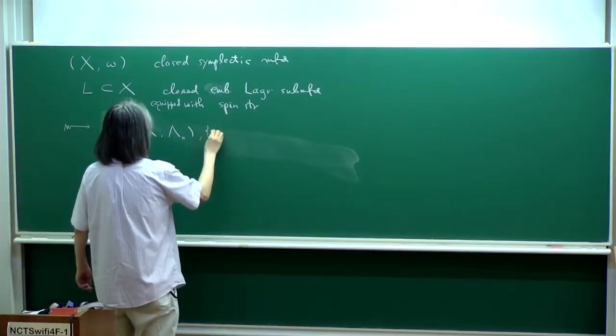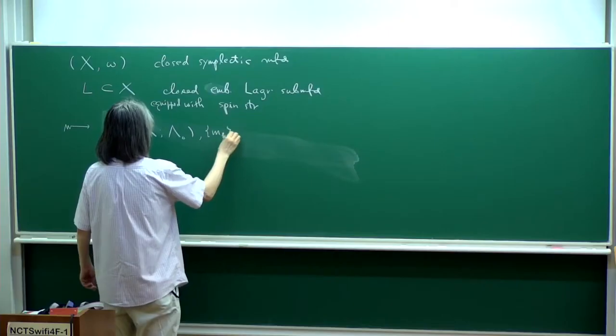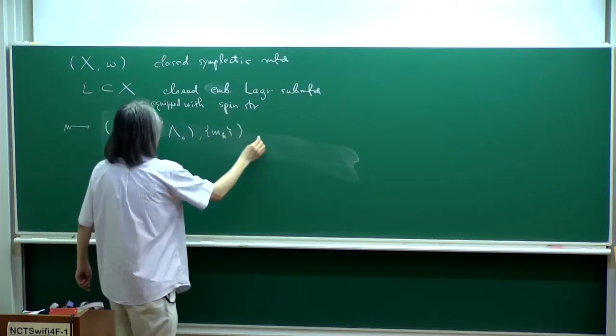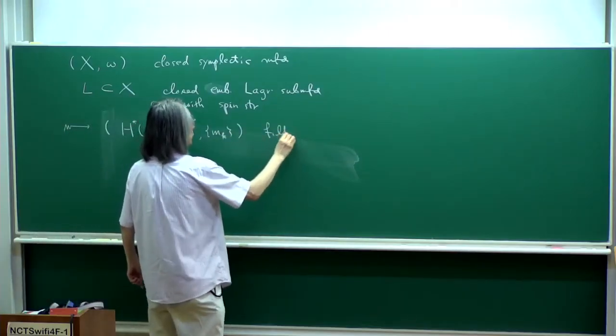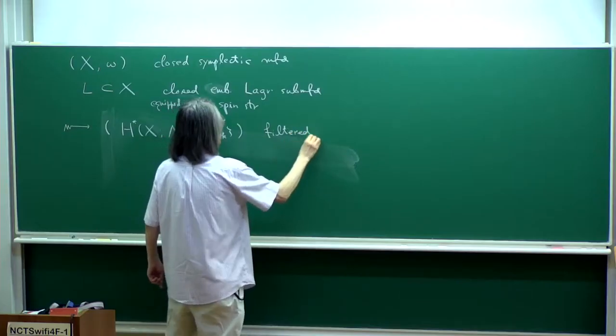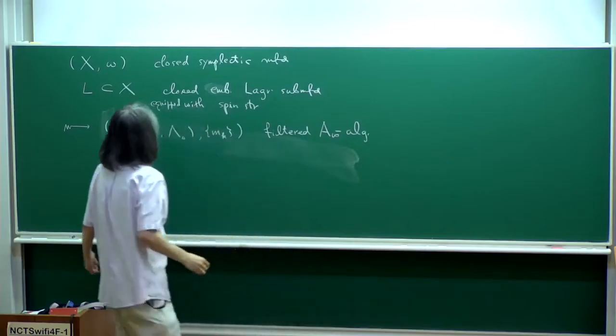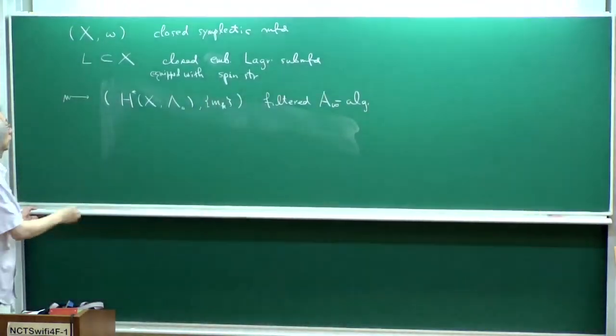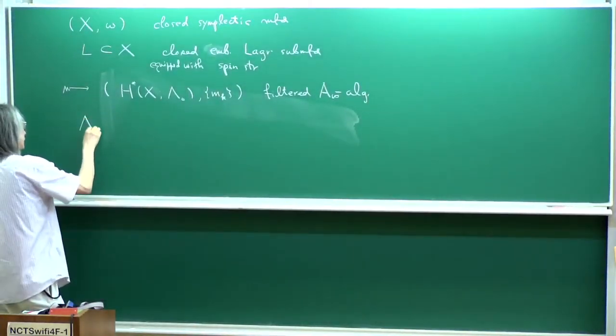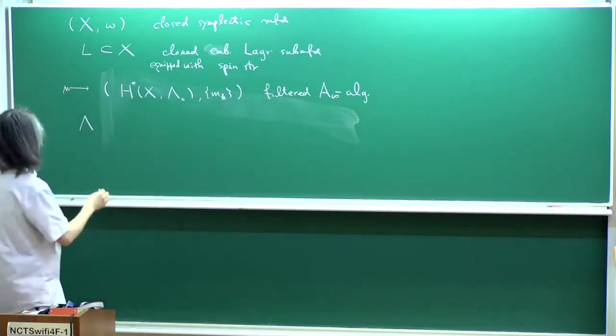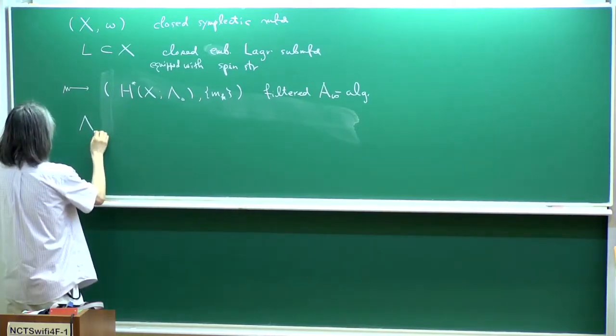And there is a bunch of operations here. So this is a filtered infinity algebra. Last time maybe I wrote Lambda_nov or something.